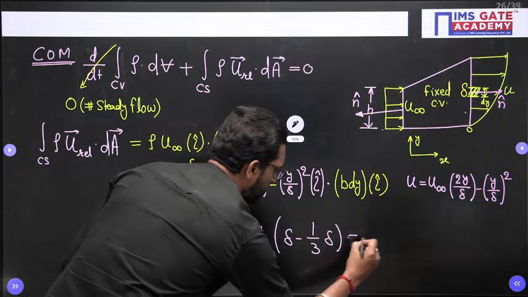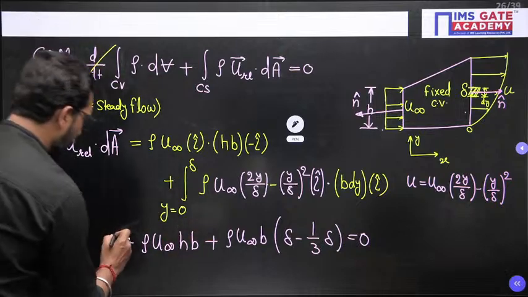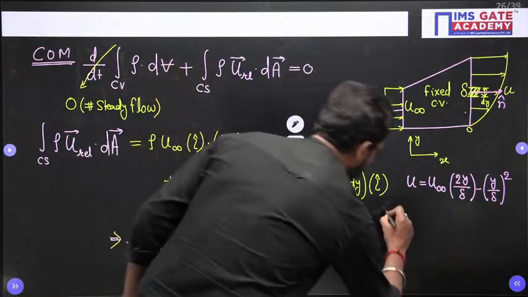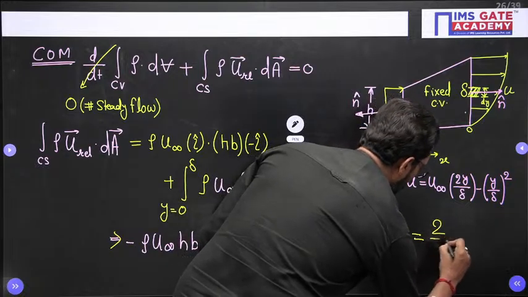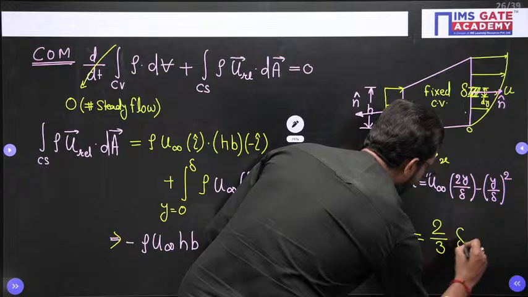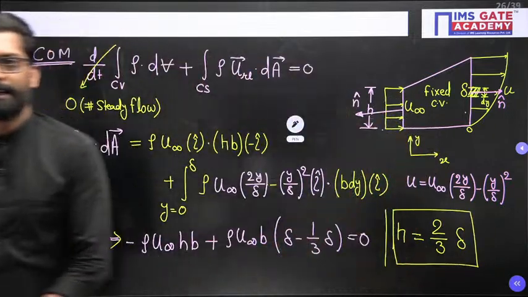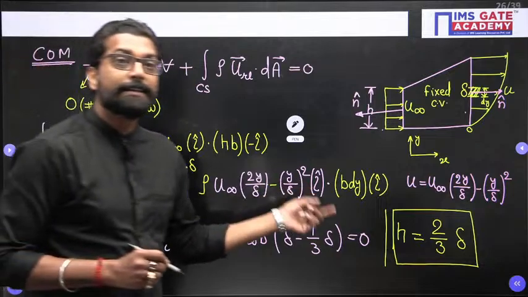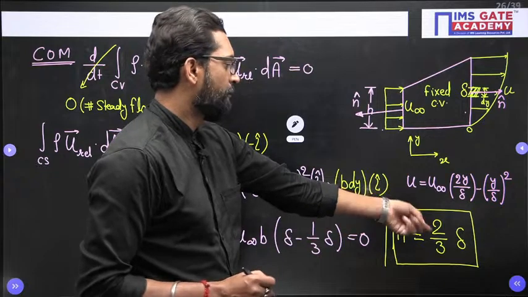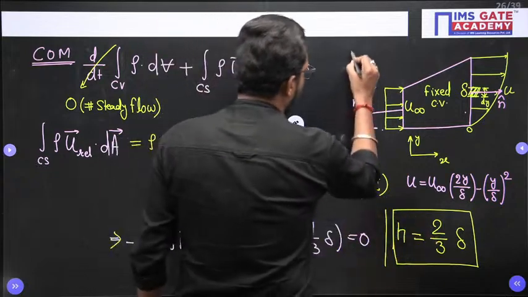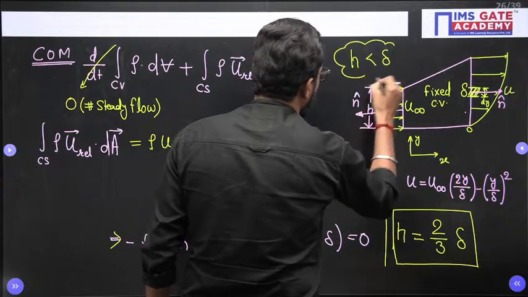This is 0. From here, if you solve this one, the h value is 2 by 3 delta. So this height is less than delta. H is less than delta. A simple calculation.